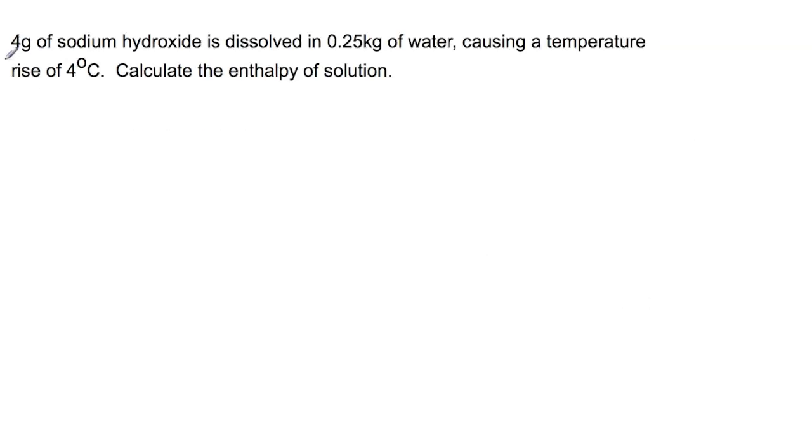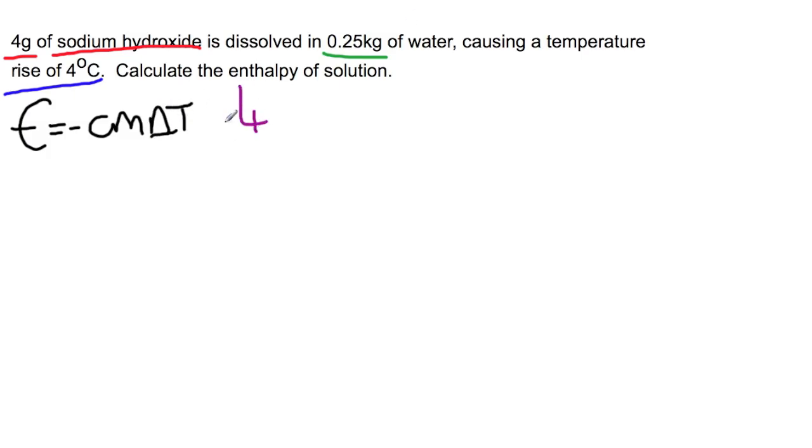In this example, we're looking at 4 grams of sodium hydroxide dissolving in 0.25 kilograms of water, and we have a temperature rise of 4 degrees, and we're to calculate the enthalpy of solution. So the first step is always to calculate E equals minus Cm delta T. So C equals 4.18.